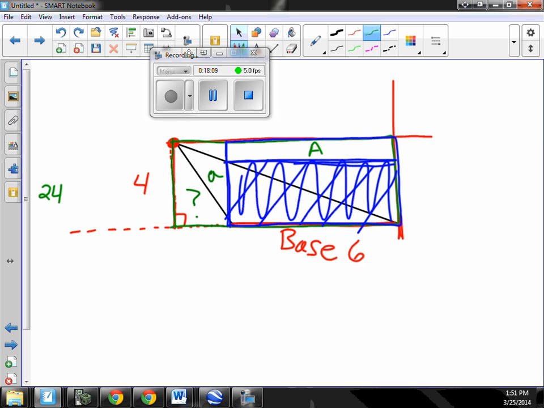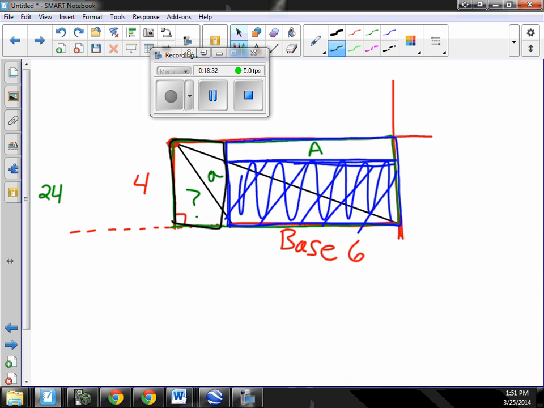Because I don't know anything about that rectangle on the left side, right? This rectangle over here is totally unknown because I have no idea how long its base is. I know its height, but the base, I don't have any idea. I would need an angle or another measurement somehow to figure that out.